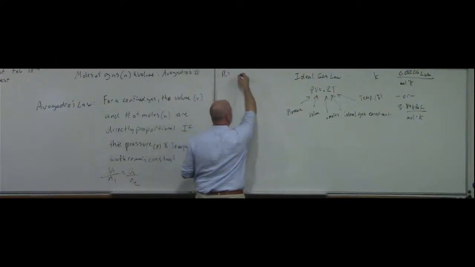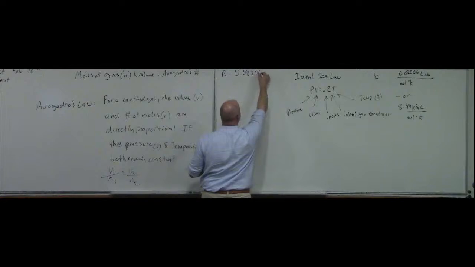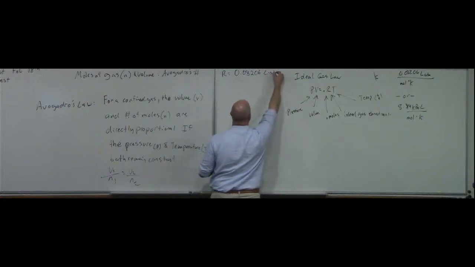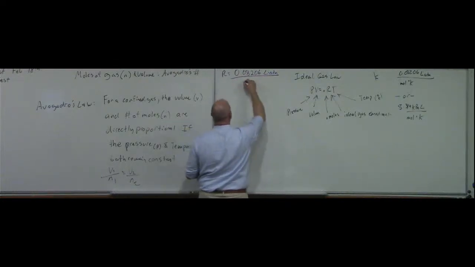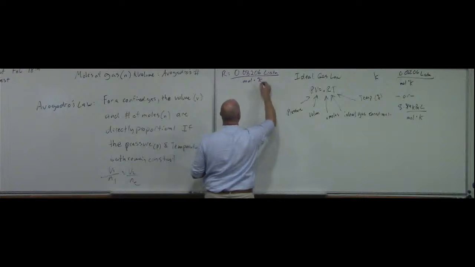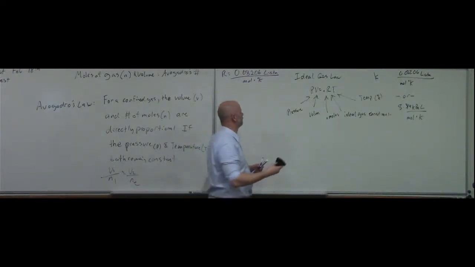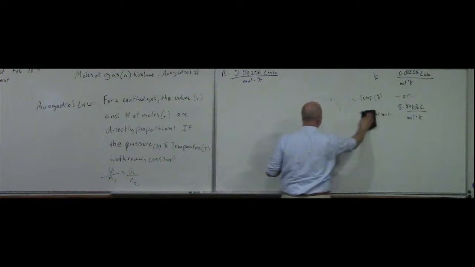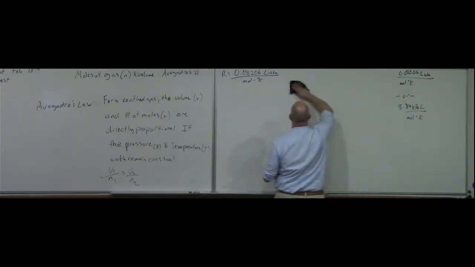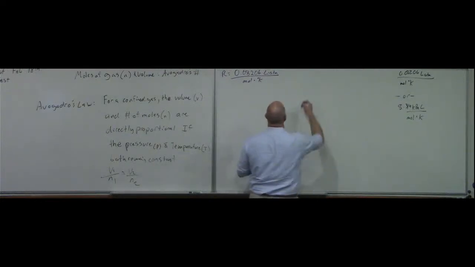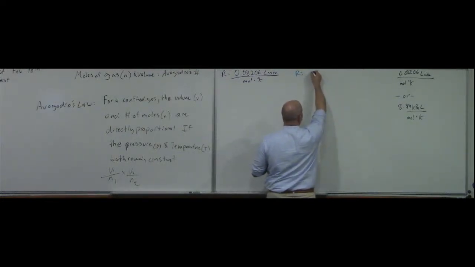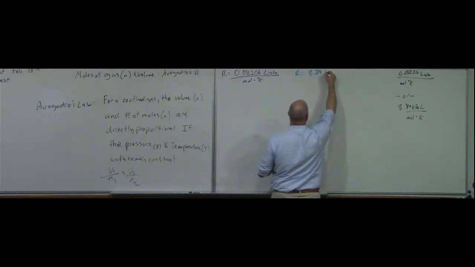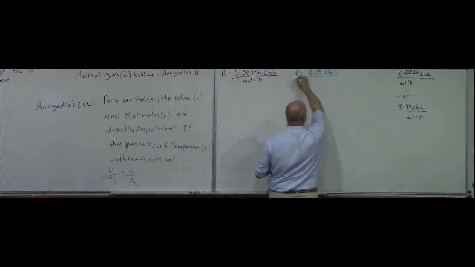R is one of two values depending on what units we're using, right? 0.08206 liters times atmospheres over moles times degree Kelvin, or 8.314 kilopascals liters per mole degree Kelvin.